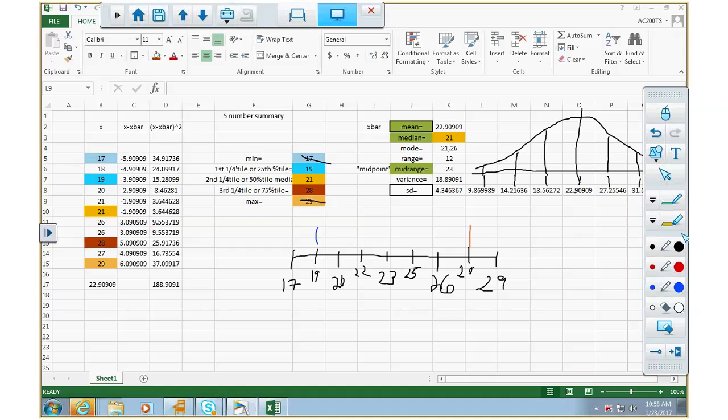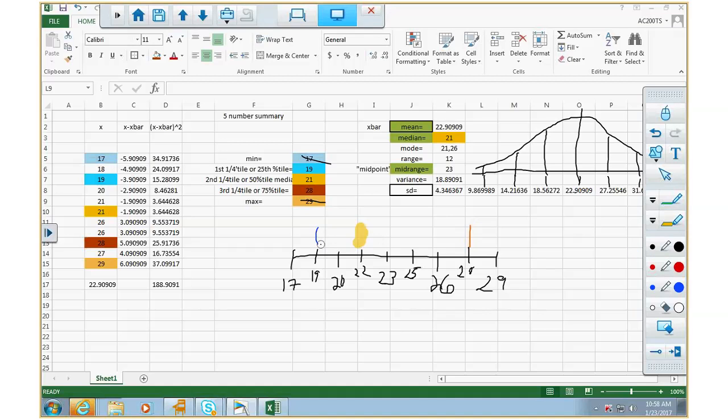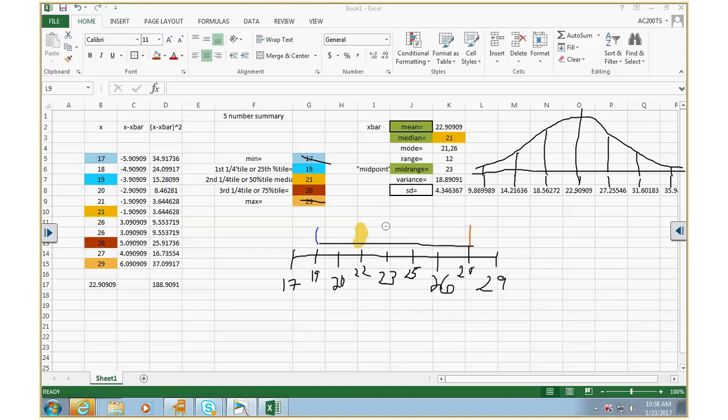And then my median is what? 21, yellow. 21 is right in there. So that's my box plot. And that's how you do a box plot. So now you know how to do mean, median, mode, range, mid-range, variance, standard deviation, and the 5-number summary.